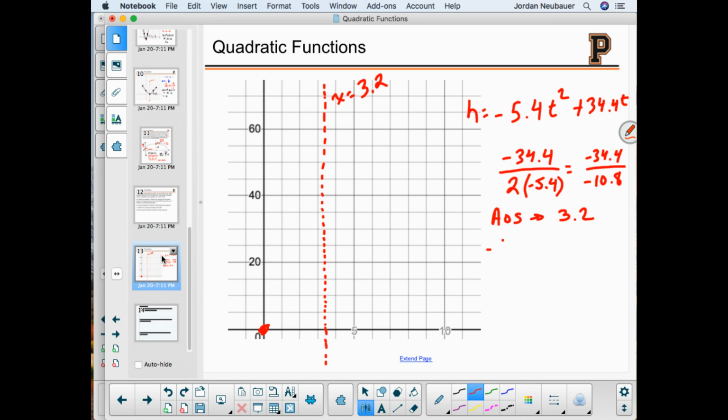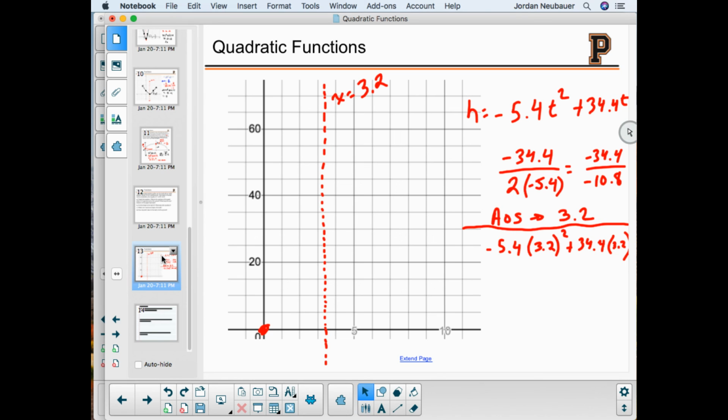So we've got negative 5.4 times 3.2 to the second plus 34.4 times 3.2. This is just the attempt to find the vertex. So let's do our math here. 3.2 raised to the second power is 10.24.